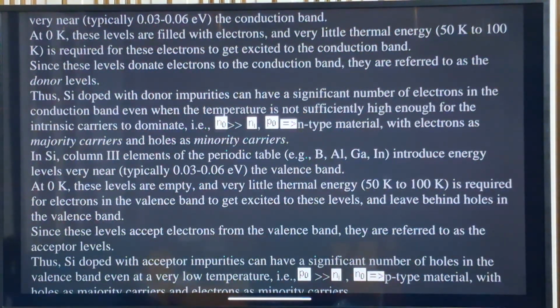So once doping is done and these additional energy levels are created, very close to the conduction band for silicon, with very little thermal excitation these electrons are able to jump to the conduction band, since the difference between the conduction band and these newly created energy levels, 0.03 to 0.06 electron volt, is very small. So the electrons can easily jump.